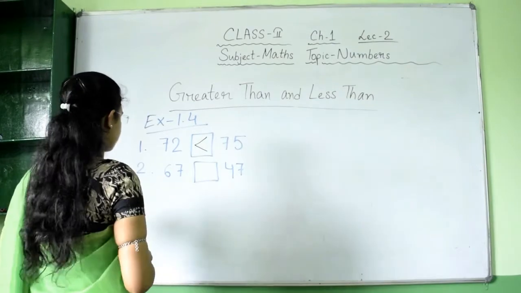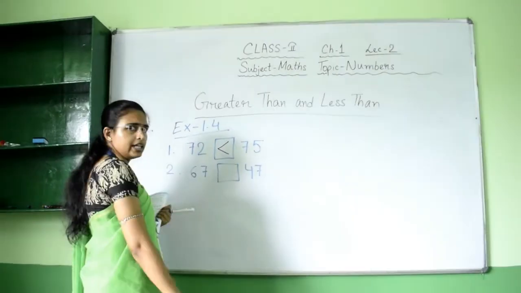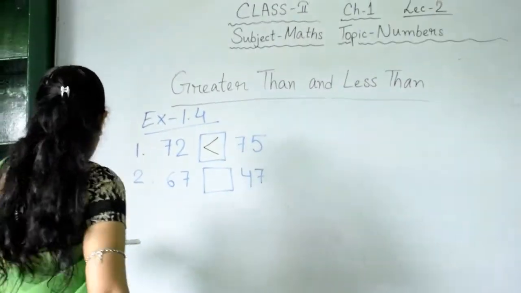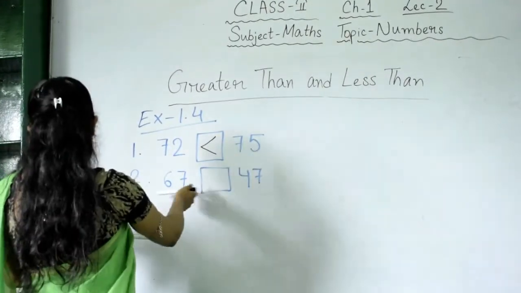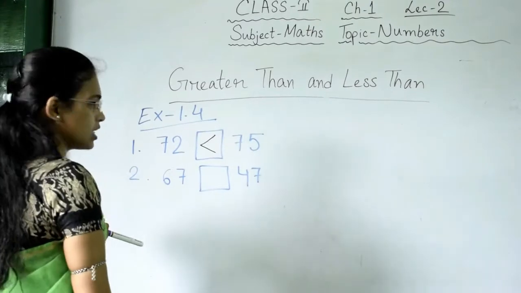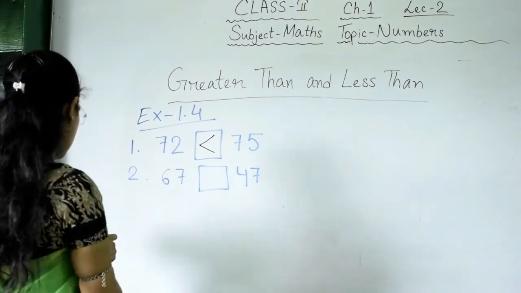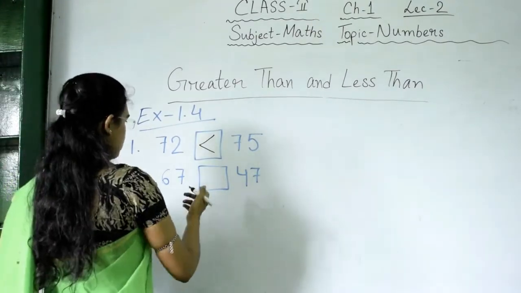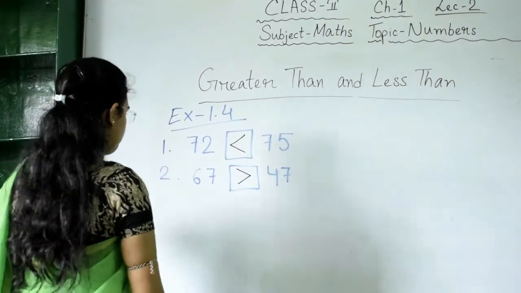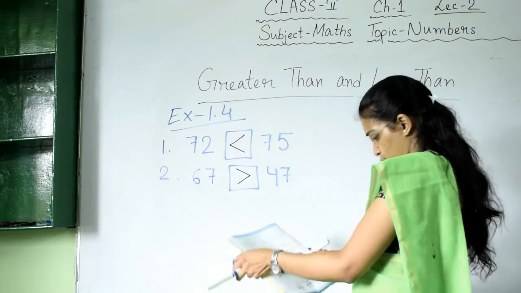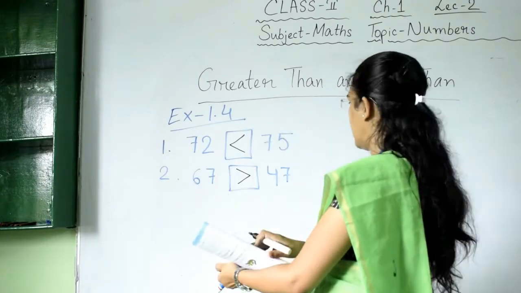Yes, towards the biggest number, right? That means the left side. So when he opens his mouth towards the left side, which sign do we have to put? We have to put greater than. Okay.